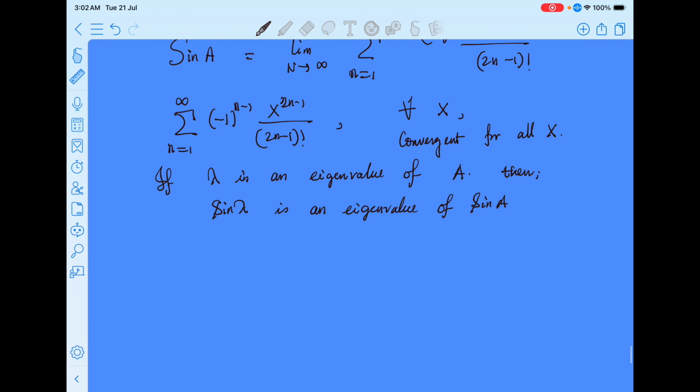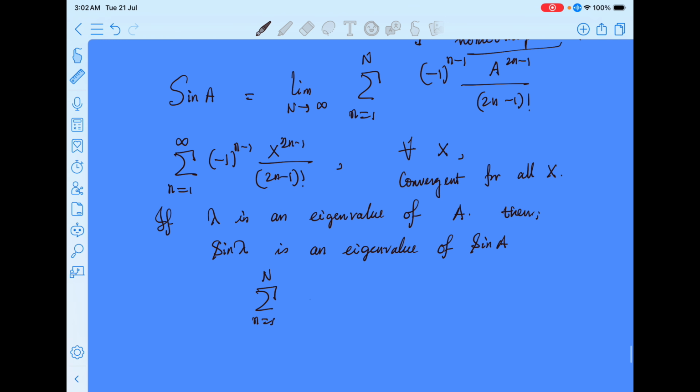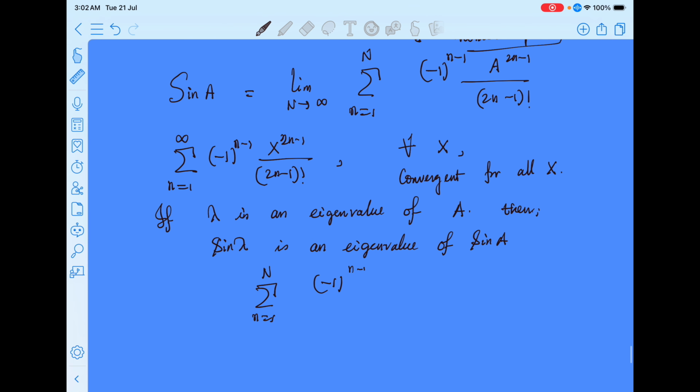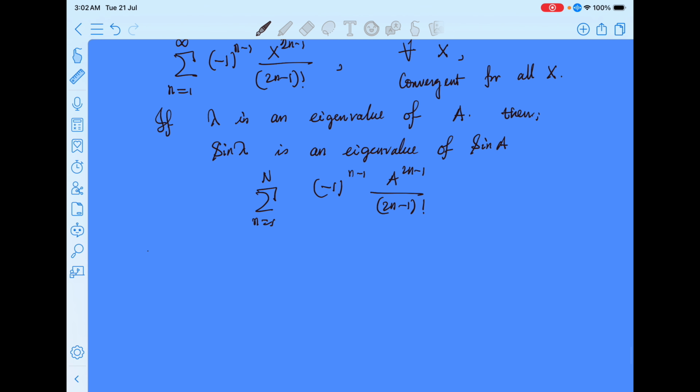You can just check term wise, right? Sum n from 1 to infinity, minus 1 to the power n minus 1, A to the power 2n minus 1 over 2n minus 1 whole factorial. So just check sin A.